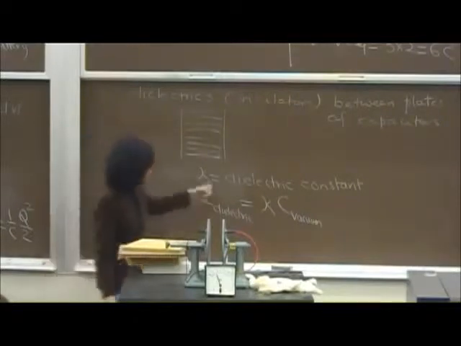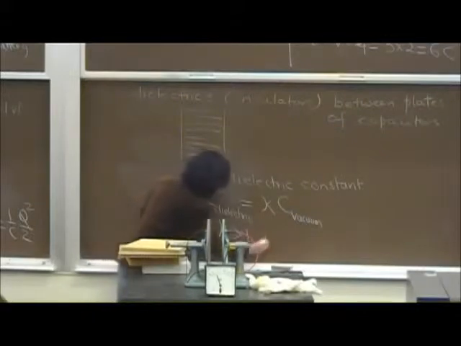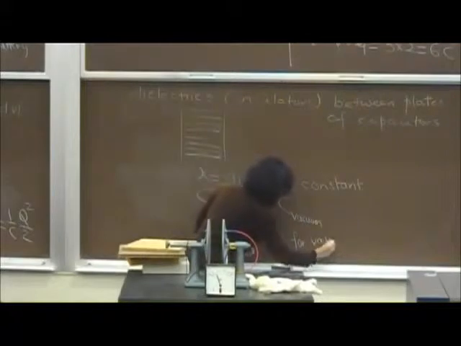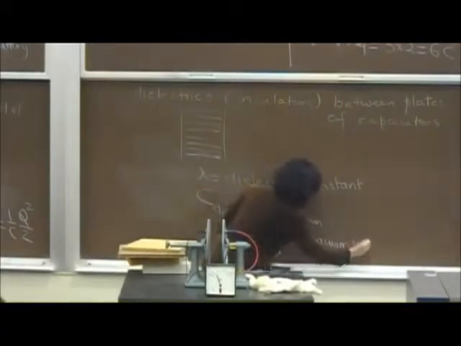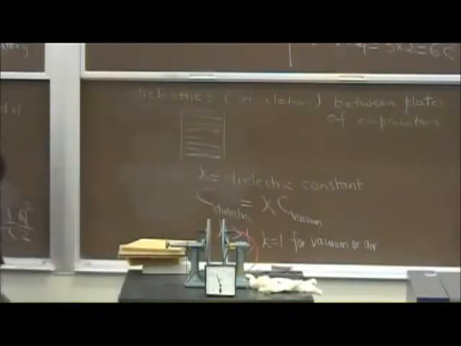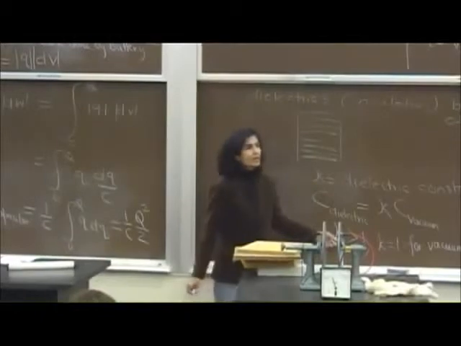Do you see what I'm saying? And kappa is always going to be greater than or equal to 1. Kappa is equal to 1 for vacuum. For air it's pretty close to 1, basically 1.0000 something. For all other materials, kappa will be greater than 1.